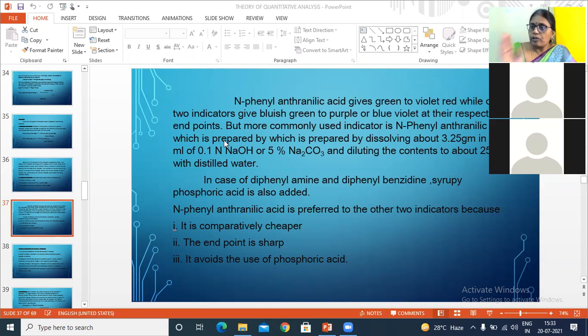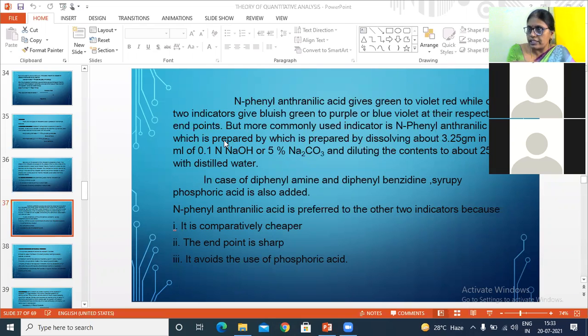So, for dichromatic titrations, generally we can use three internal indicators. One is N-phenyl anthranilic acid. Second is diphenylamine in concentrated sulfuric acid. Third is diphenylbenzidine in concentrated sulfuric acid. How can we prepare these solutions?